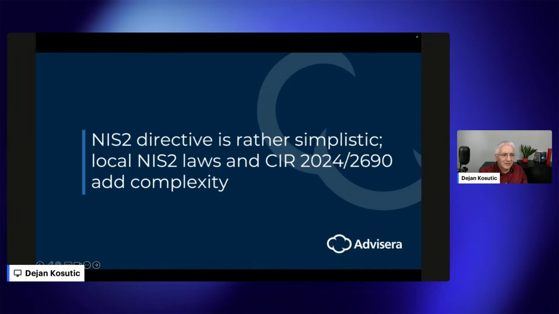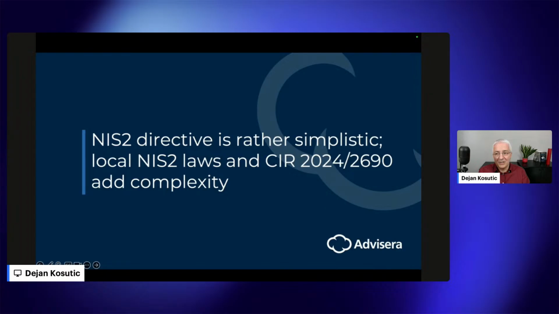All right, let me go to this slide. One of my main messages today is that the NIS2 directive, being a top-level document, is rather simplistic. You'll see it's not very complicated. It's pretty straightforward, pretty short. But when it comes to local NIS2 laws, the laws that EU countries will be publishing based on NIS2, this is much more complex.